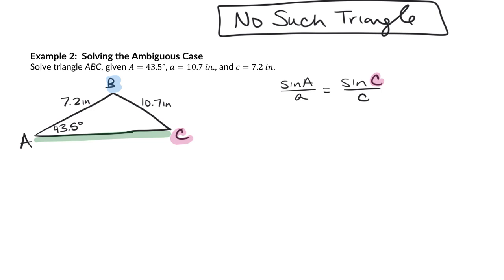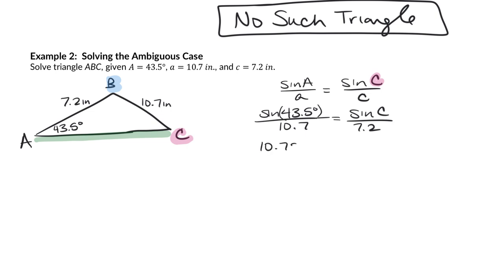So we fill in what we know. We know that sine of A would be sine of 43.5 degrees, and little a is 10.7. We don't know big C, but we know that little c is 7.2. Cross multiply, divide, just like we did last time, butterfly method.